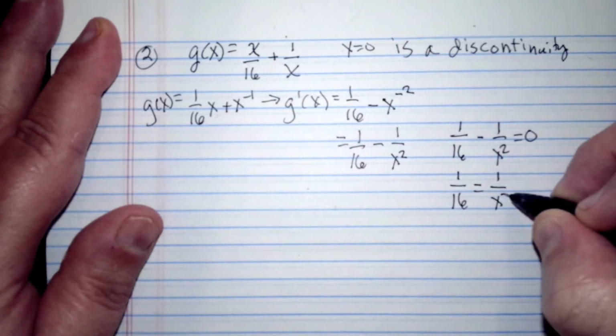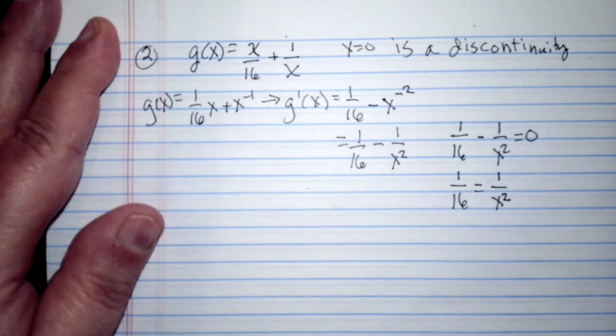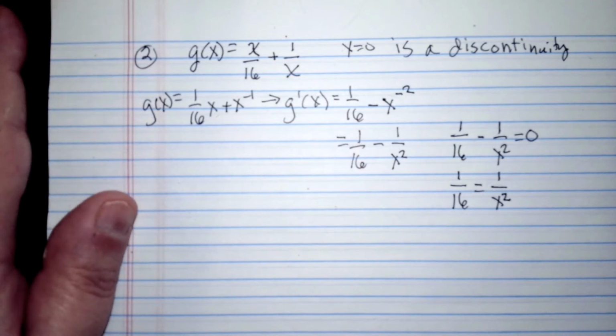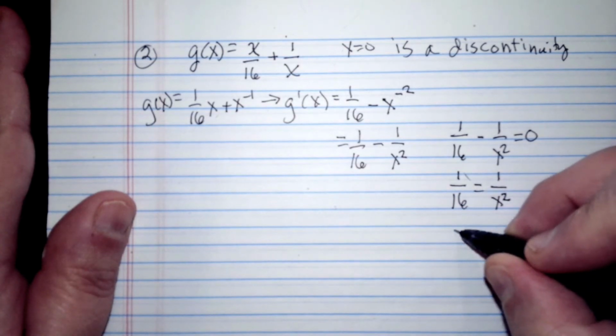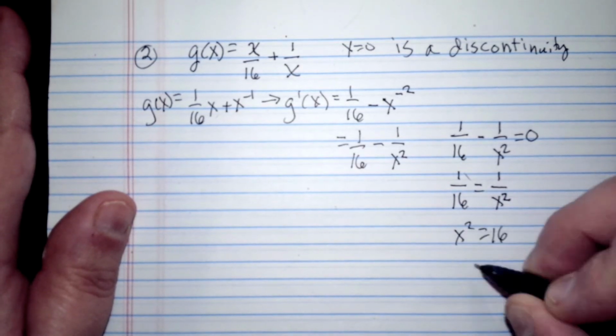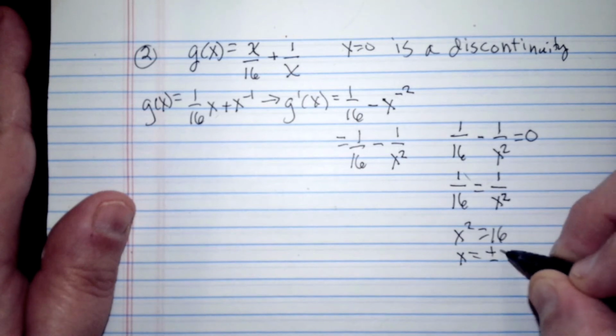And let's rewrite it this way. And now we can cross multiply, and that tells us that x squared equals 16, or x equals plus or minus 4.